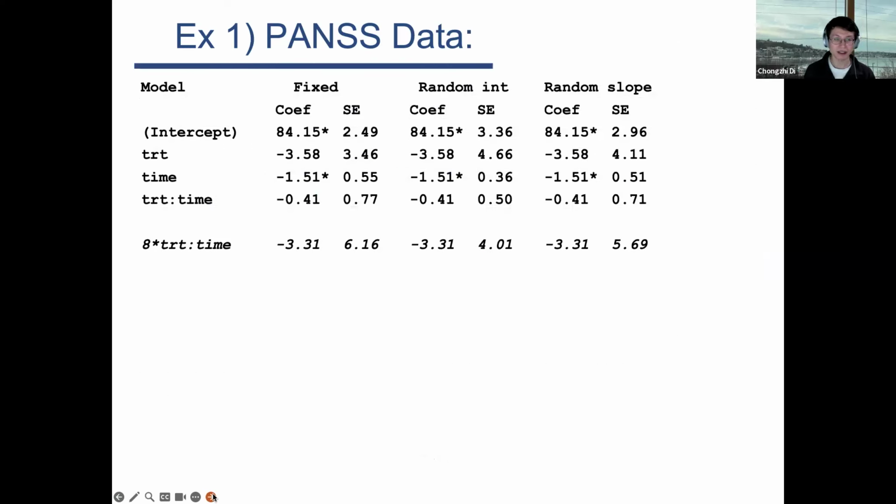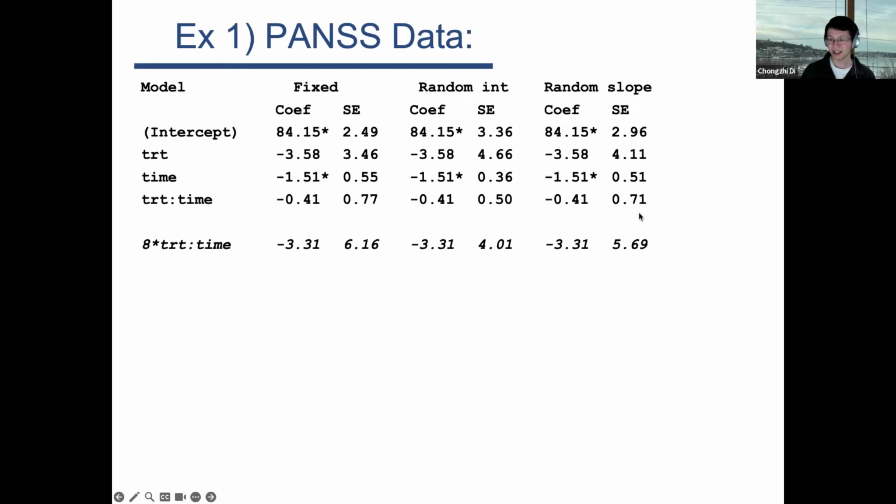Now let's go back to summarize this analysis. Look at the model coefficients. I put the three models together: fixed effects only, random intercept, and random intercept and slope. The interaction is what we are most interested in, and the parameter estimate is negative 0.41 across all three models.